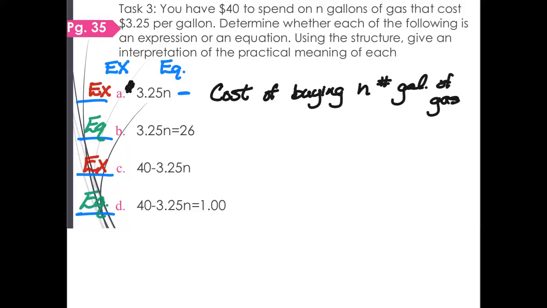Okay, but we're not just writing 26. We're writing 3.25 times n equals 26. Does anybody else have a thought? This is a work in progress. What does that represent? Che, what do you think?